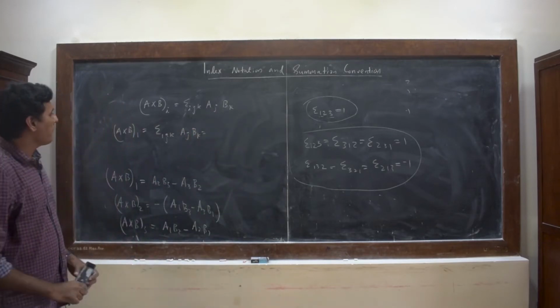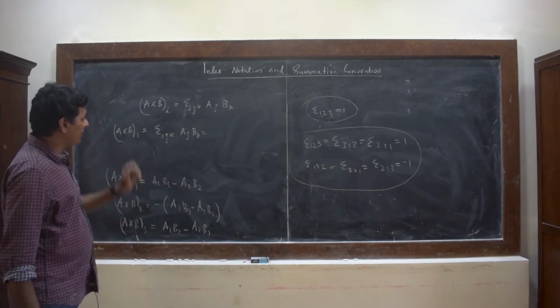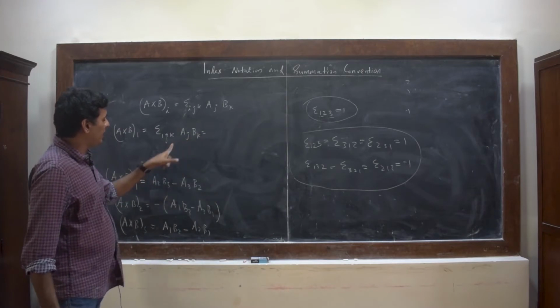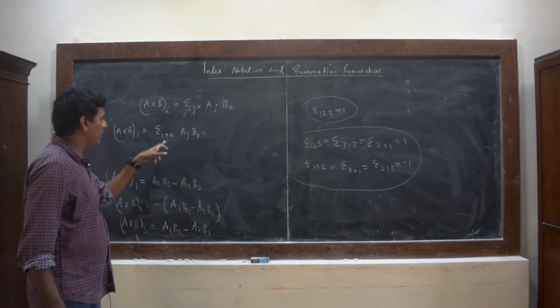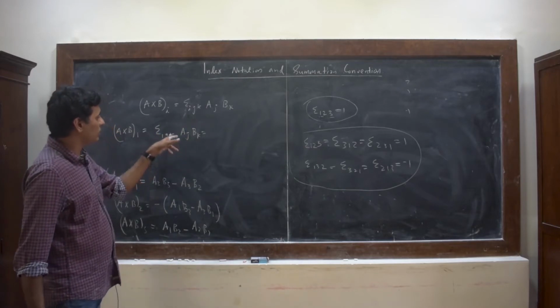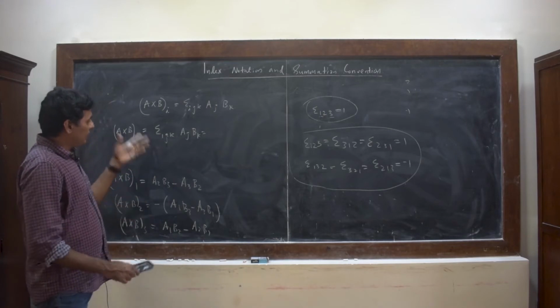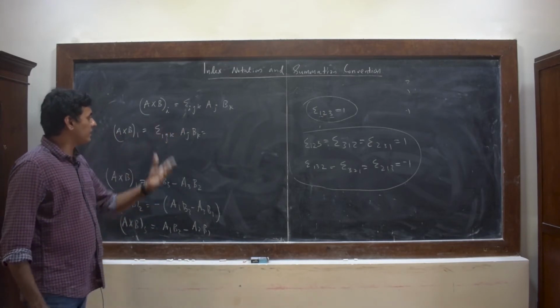Okay. So now you can see that you need to sum, because j and k are dummy indices, you need to sum over all the possibilities of j and k, that means 1, 2, 3, all those possible. But before I do, just carefully look at it. The epsilons will be non-zero if and only if all the indices are different.